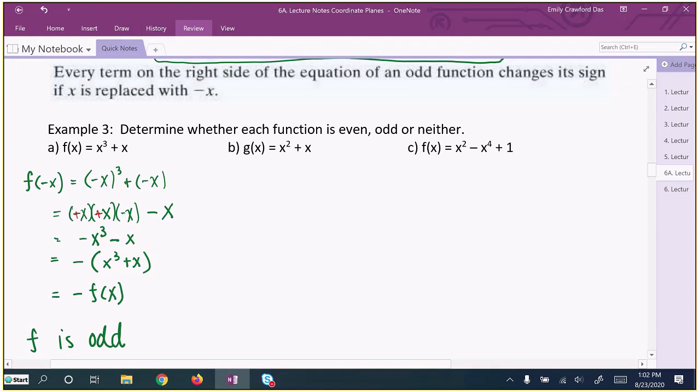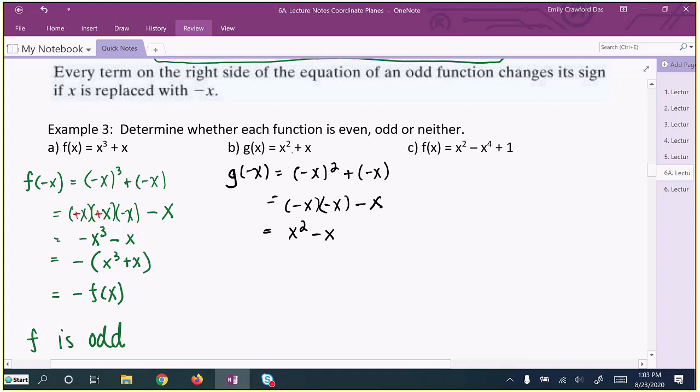Now let's look at g. The first part is always the same. I plug in negative x. So g of negative x is minus x squared plus minus x, which is equal to minus x times minus x. And then adding negative x is the same thing as subtracting x. Now I see that minus times minus is plus, so this just goes back to being positive x squared, and I have minus x.